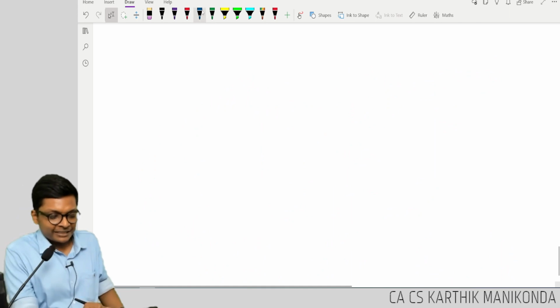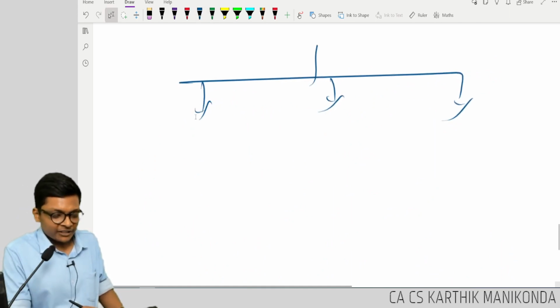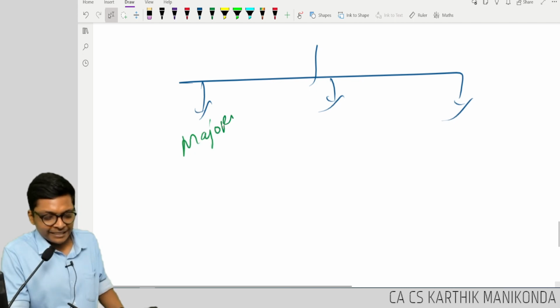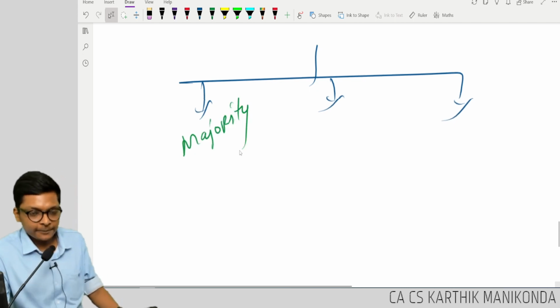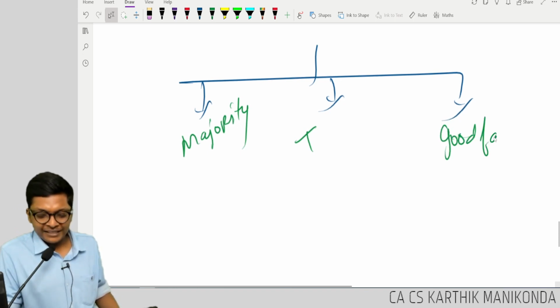Let me write the points, guys. It's basically 3 plus 3 points. First, for expulsion, the power must be exercised by majority. Good faith is the last point.